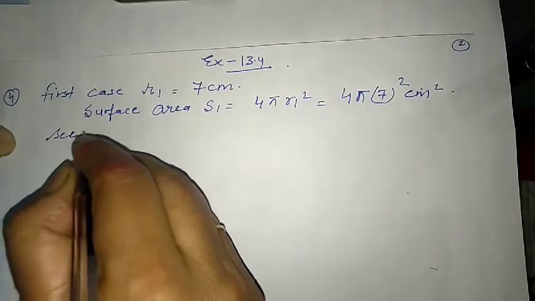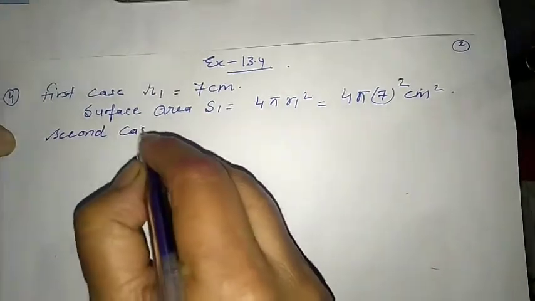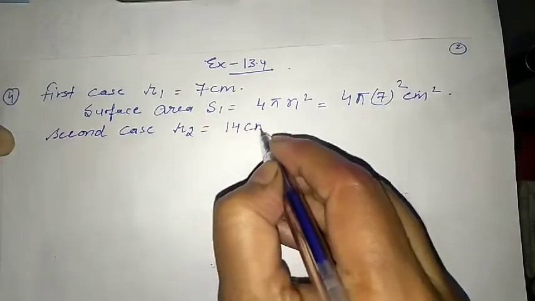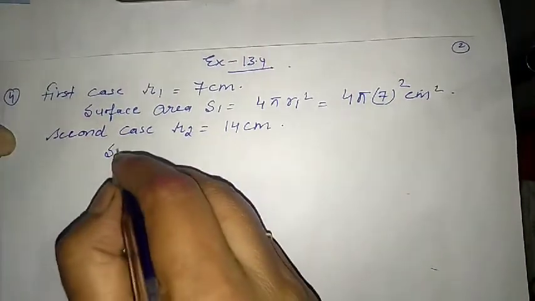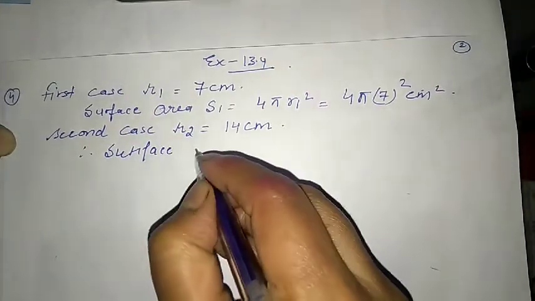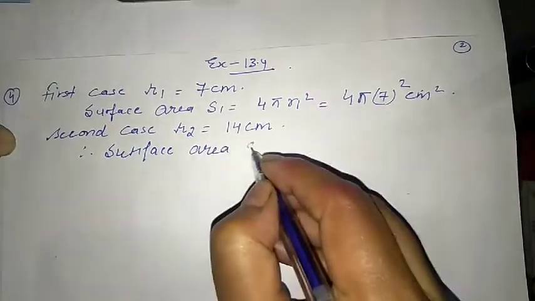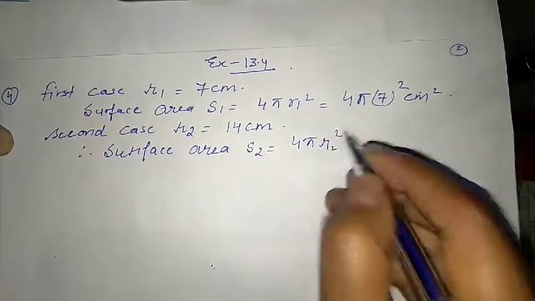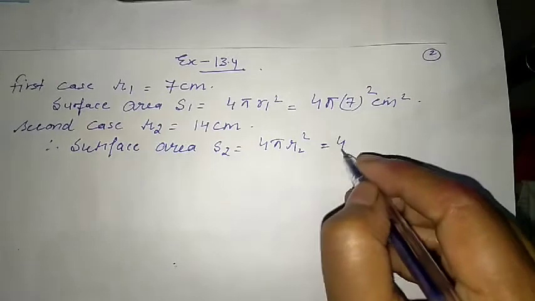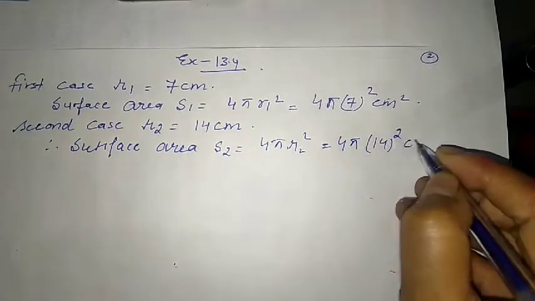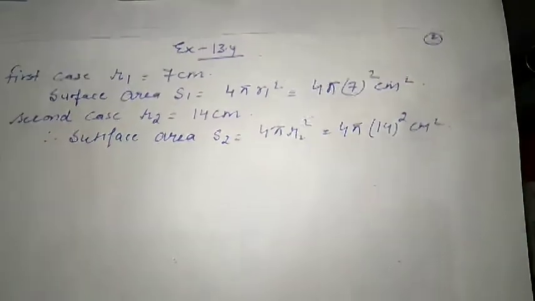In second case, we are having r2 equals 14 centimeter. So surface area, suppose that is S2, 4 pi r2 square. 4 pi, we are putting pi as it is, 14 square centimeter square.